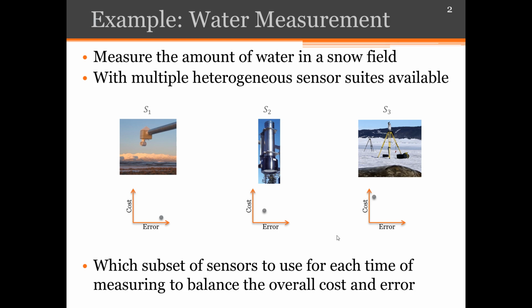Should it always use sensor 1 so it's cheap? Should it always use sensor 3 so it's always accurate? Or use sensor 2 so it balances error and cost but ignores the fact that there is a very cheap sensor available or very accurate sensor available? Which subset of sensors should the model use?